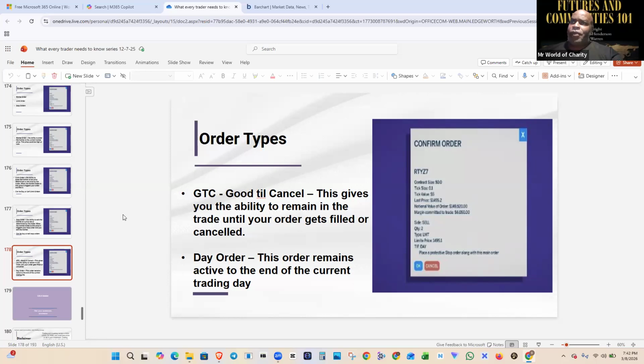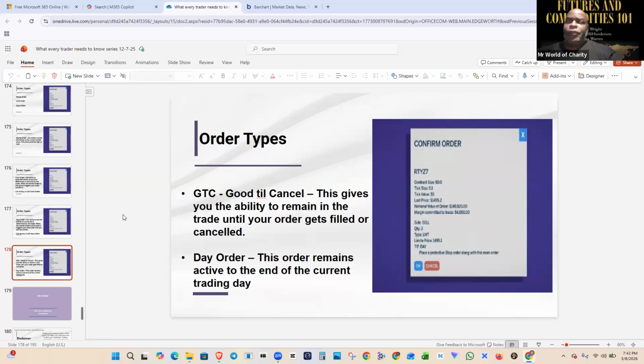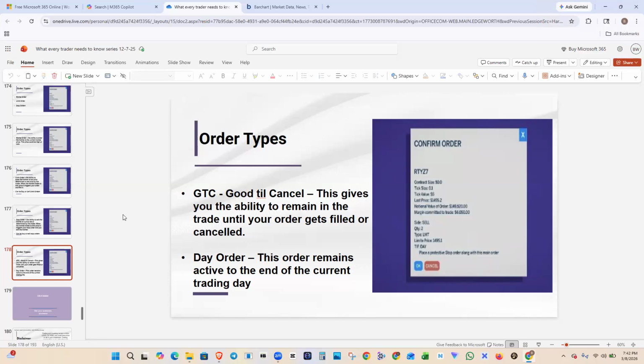Good till cancel will stay open, I don't want to say indefinitely, but it stays open until it's canceled or filled. That buy order or that sell order that you place, you can make it a good till cancel or a day order, either one, right? That's your buy order can be either a day order or a good till cancel order.